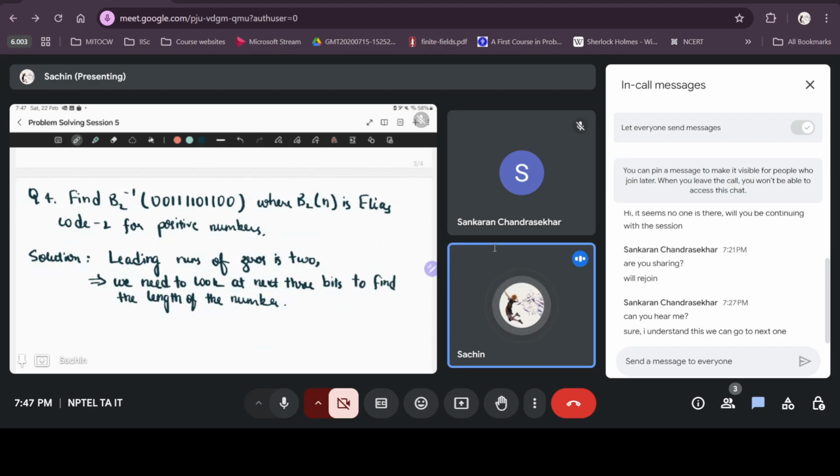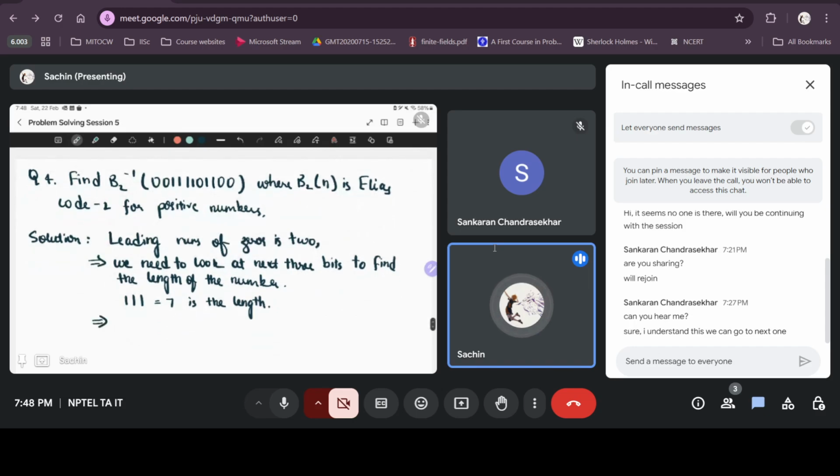So next 3 bits are 111, which is equal to 7, is the length. And when we are writing the Elias 2 code, we remove the leading one from the binary representation of the number. So for the next 6 bits, we prefix a 1.